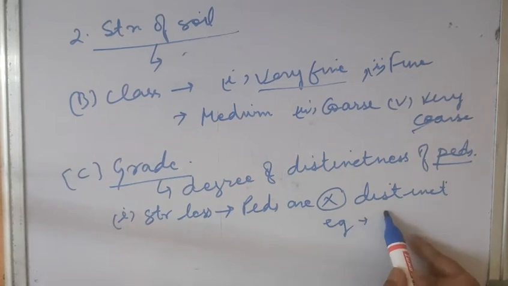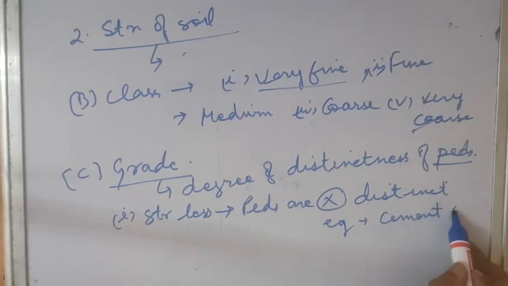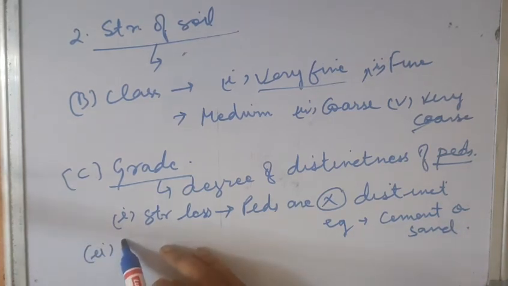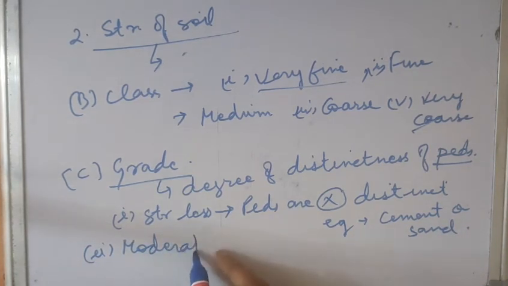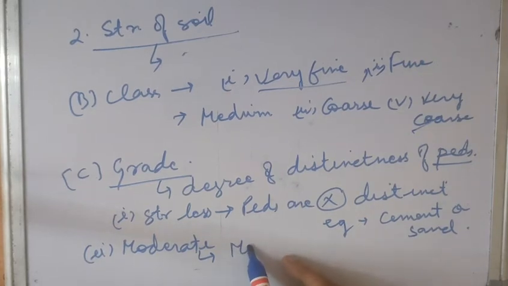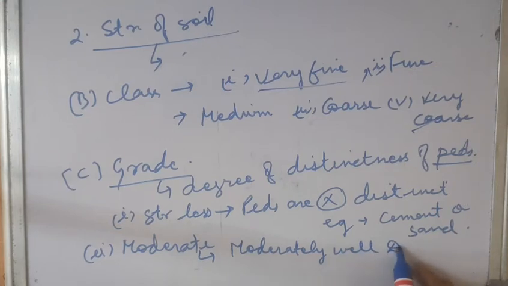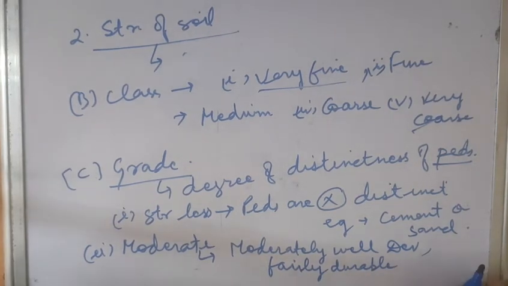Example we can see of cement or sand. Now moderate. Here beds are moderately well developed, fairly durable and distinct, not completely distinct but fairly durable and distinct.